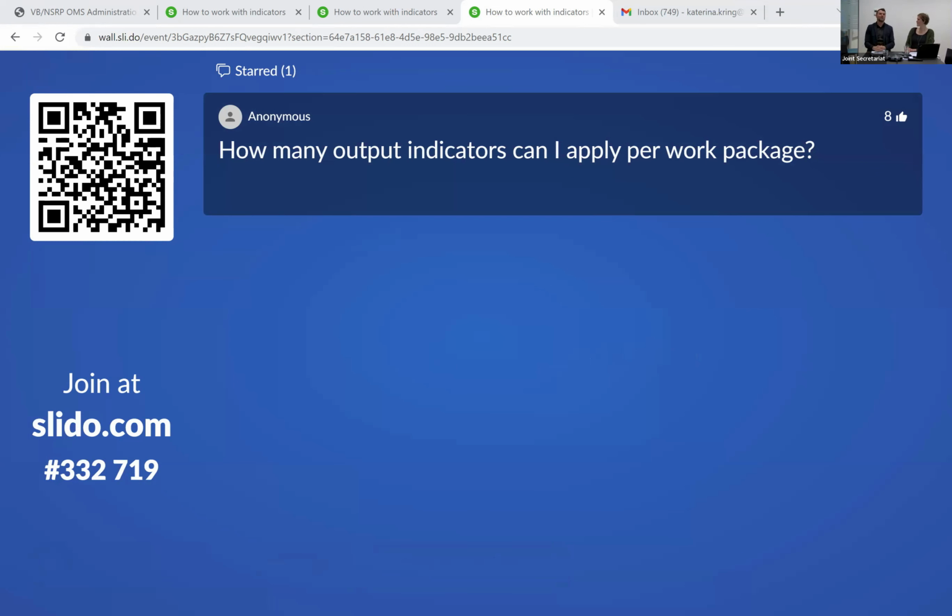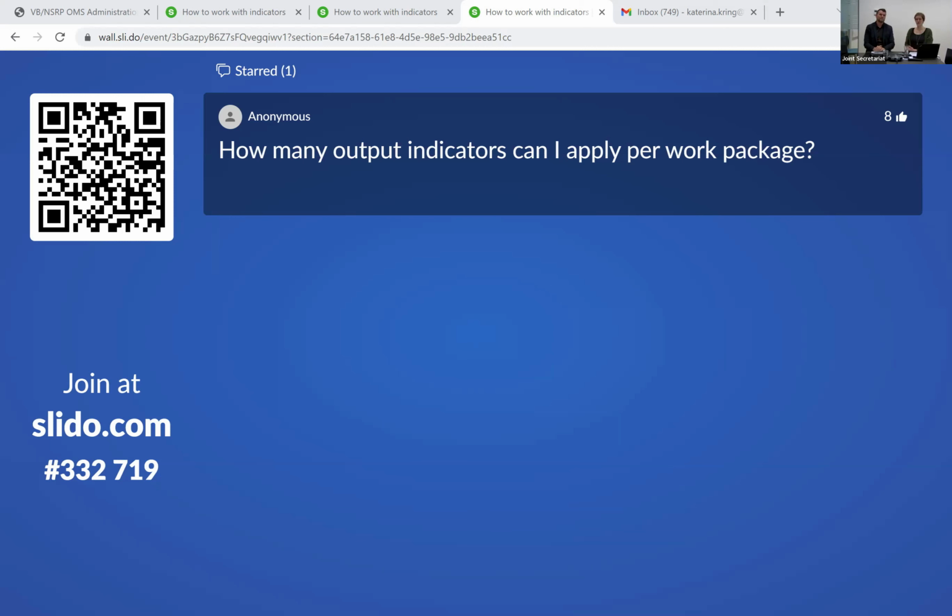How many output indicators can I apply per work package? My answer to this would be: if you can cluster your outputs into the two output indicators we have, then I would say two output indicators will cover your work package outputs.